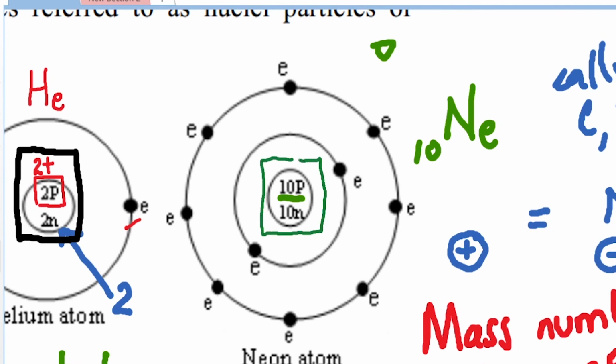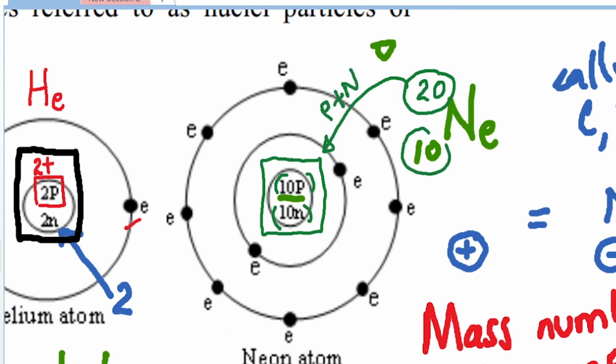In the center we can see there are 10 protons plus 10 neutrons. When we add those two, it gives us 20. So the mass number of this nucleus is 20. This top number is the mass number, representing the total number of protons plus neutrons.